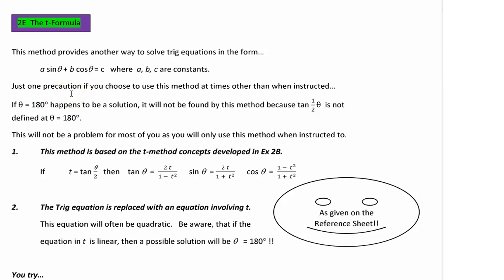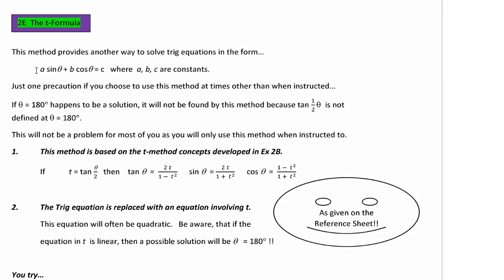Now, I find that most questions will actually request that you use the t formula, because if you just had an equation in that format, you've got a choice of using the auxiliary angle or the t method, and depending on which one you end up liking the best, you would use those. So if the marker wants to see if you understand this method, which you must be able to demonstrate you can use, they might direct you to this particular method.